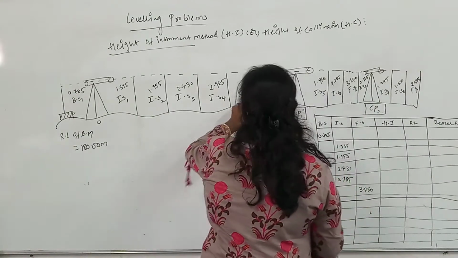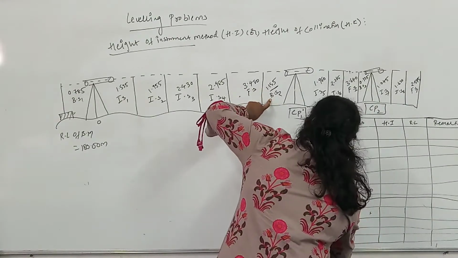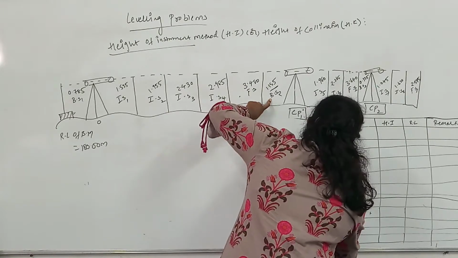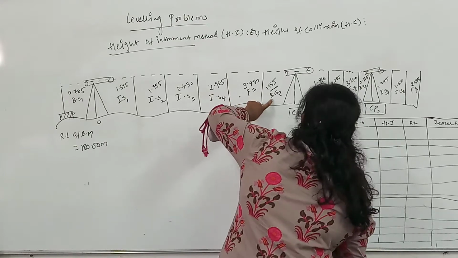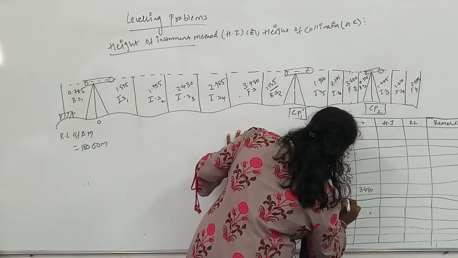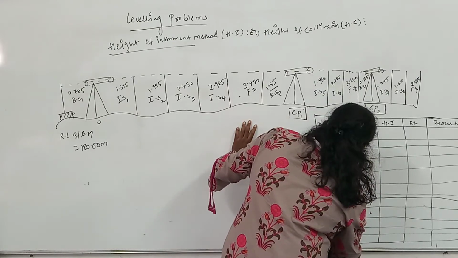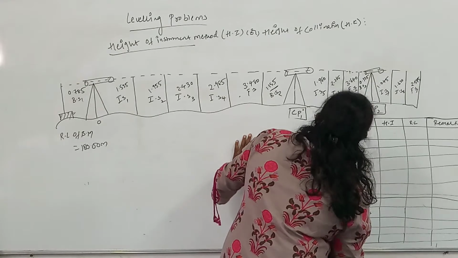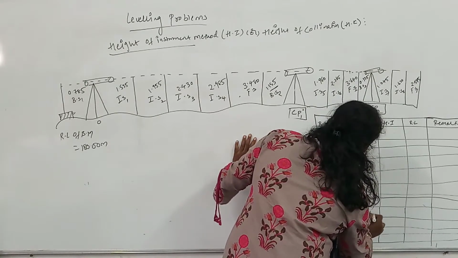Next value, again you need to place the value here because we are taking the value on the same staff. Next value is intermediate side 1.960. Next 2.365. Next again 3.640.